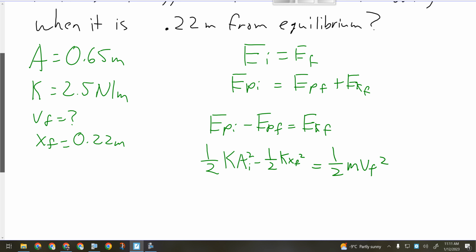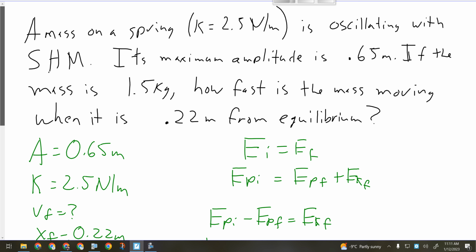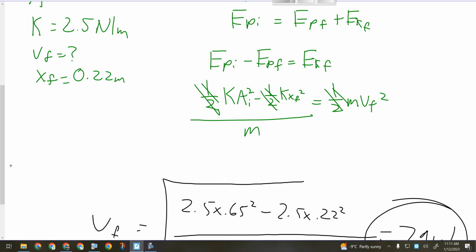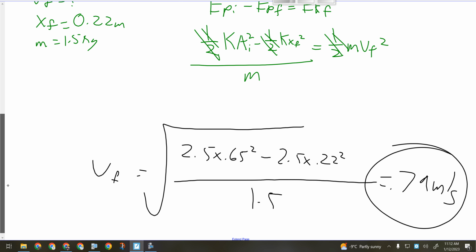Halves in every term, so I'm going to get rid of them. I'm trying to find vf, so I'm going to divide both sides by m, and I didn't write what m was down. What was it? 1.5 kilograms. And so when I do my manipulation, that's what it's going to look like.